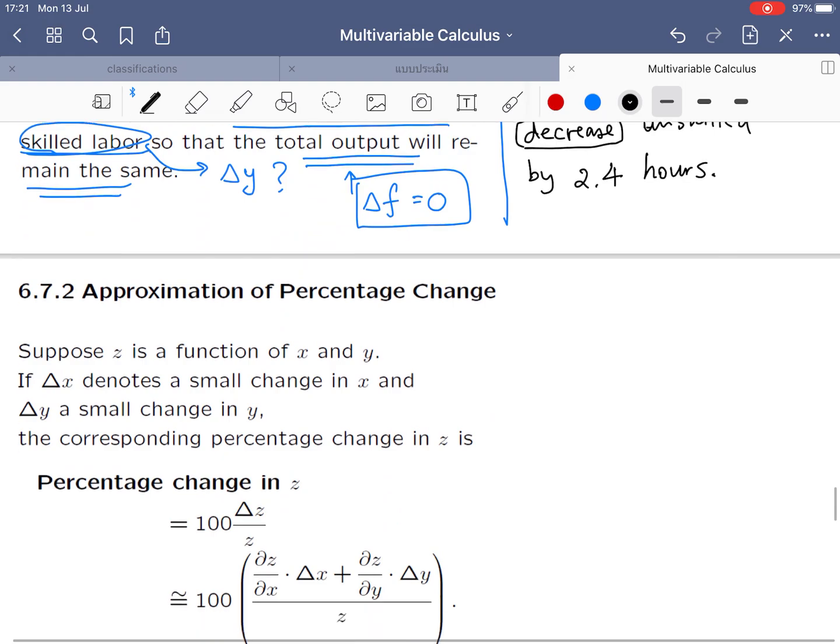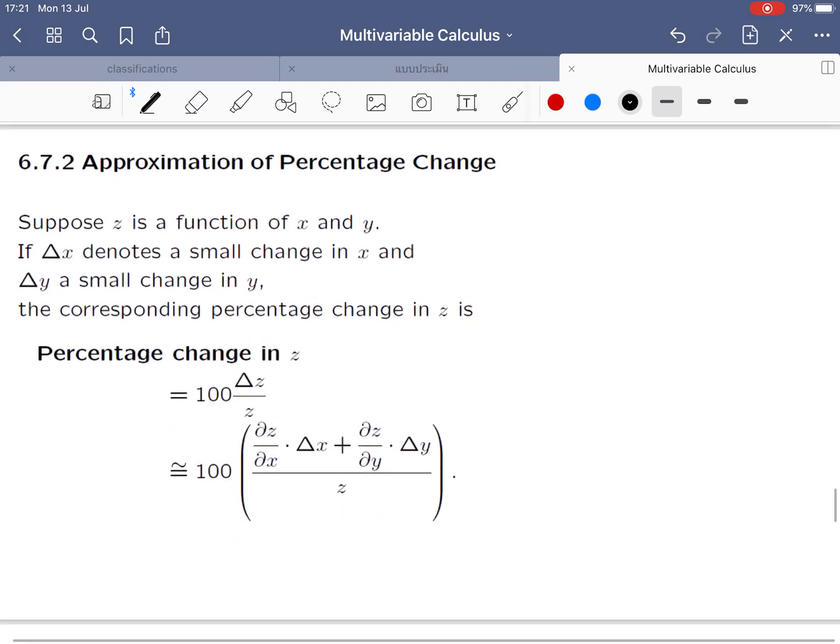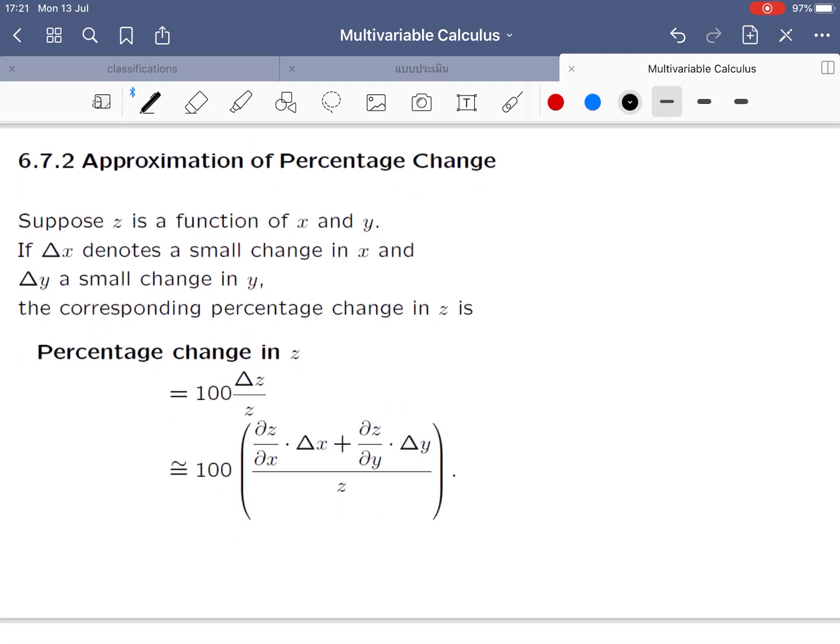Sometimes the change that you need to know, you need to do a comparison as well. So to do the comparison, usually we are talking about the so-called percent change. So the setting is the same: z is a function of x and y, and you have your delta x as an increment, a small change in terms of x. Your delta y is a small change in terms of y. The corresponding percent change in z is delta z over z multiplied by 100.